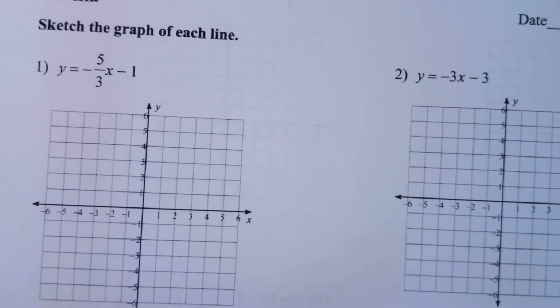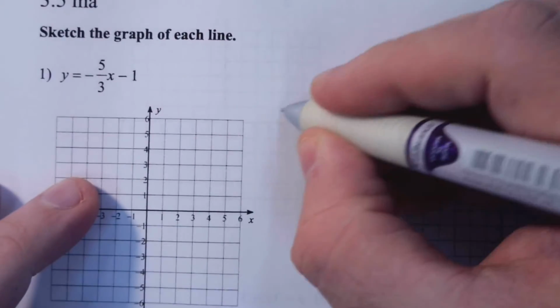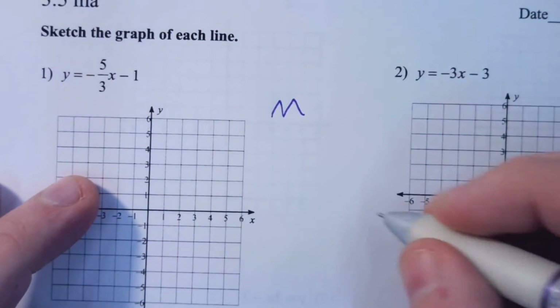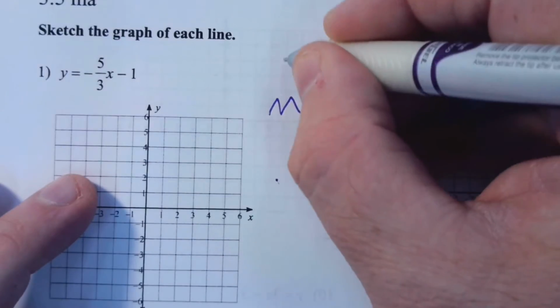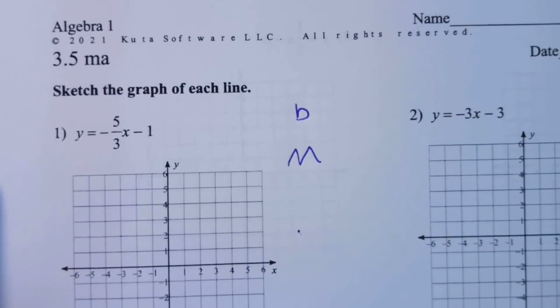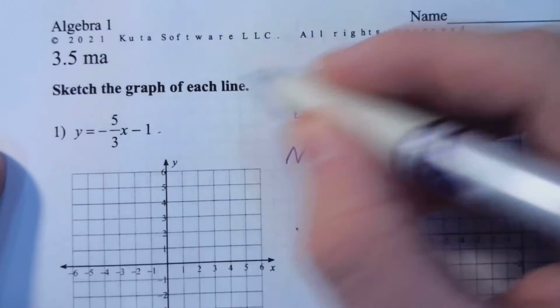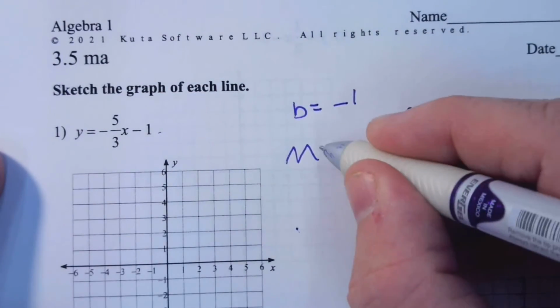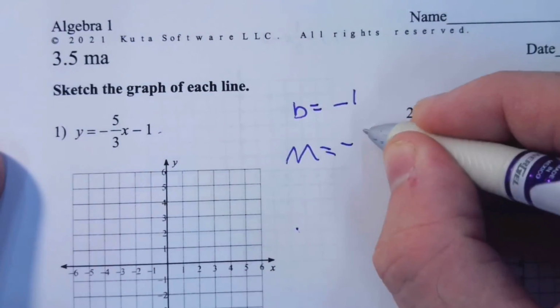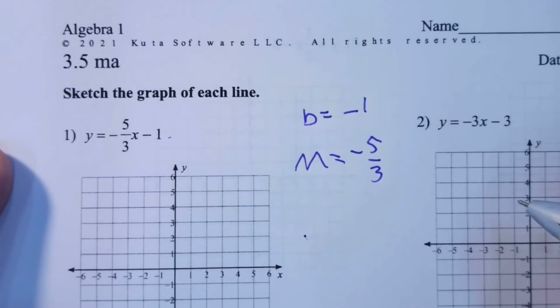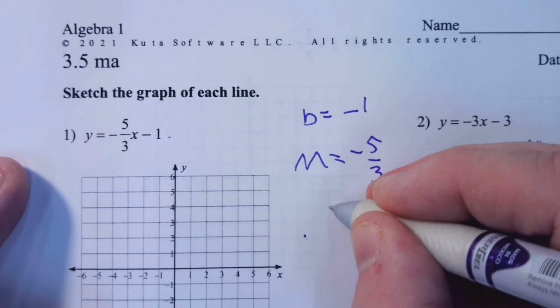All right, the two bits of information I need are the slope and the y-intercept. Okay. The y-intercept is -1. That's where I'm going to begin. And then the slope is negative. And so this is what I'm going to do.